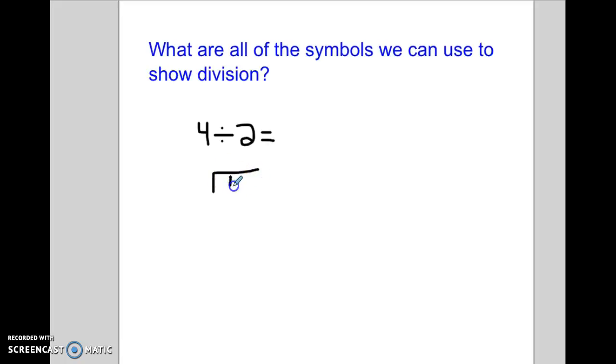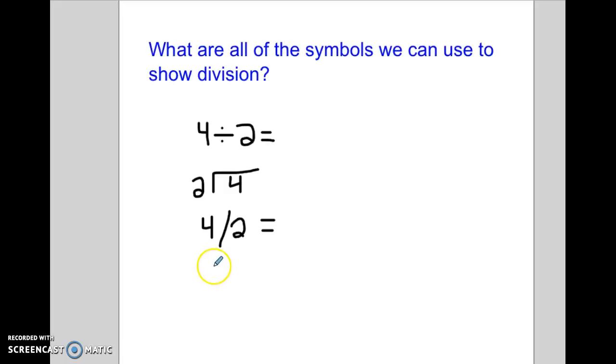We put the bigger number underneath the sign and the smaller number on the outside of our little line here. That's another way we can write division. Another way sometimes people shorthand division is they write their number, and then they do a slash, and then they write the number they're dividing in, like that. So another way people represent division.